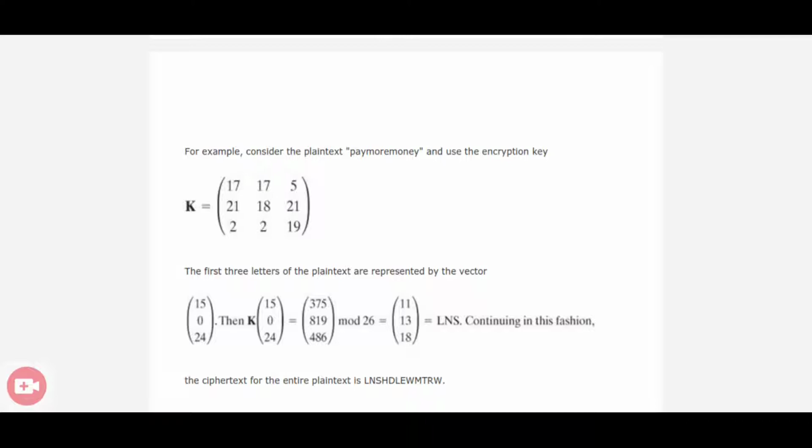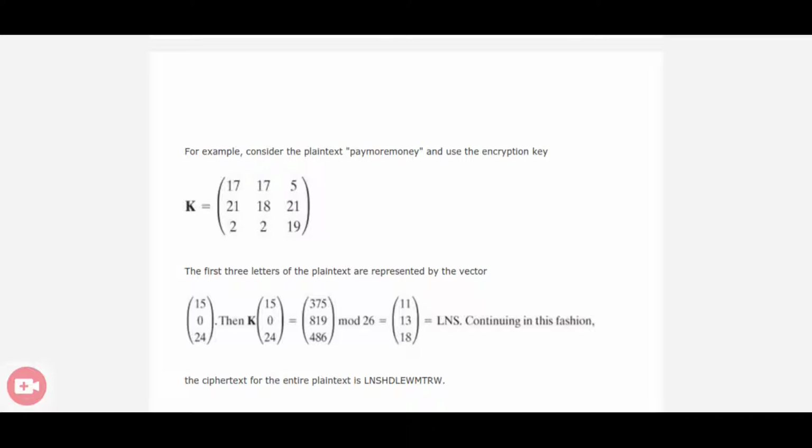So 0 is the number assigned for A. Same for P, it is 15, and for Y it is 24. So we can construct a 3 by 1 matrix by using these numbers 15, 0, 24.